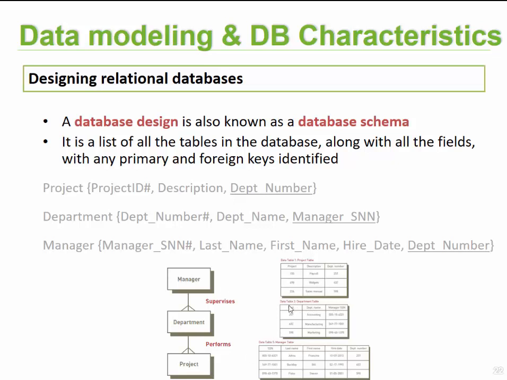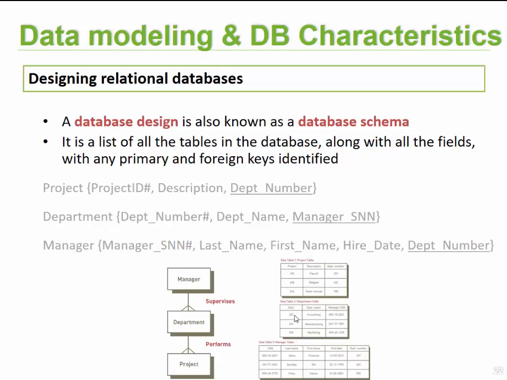It is a primary key from another table that is used as a foreign key in this particular table. So all foreign keys are indicated by underlining them. Let's look at the next one. Department, name of the entity, open curly bracket, we've got a department number.